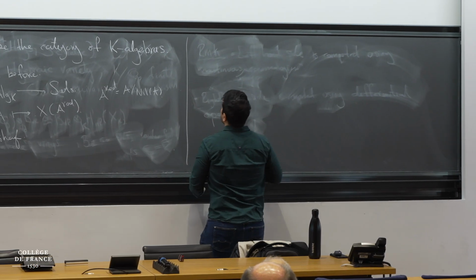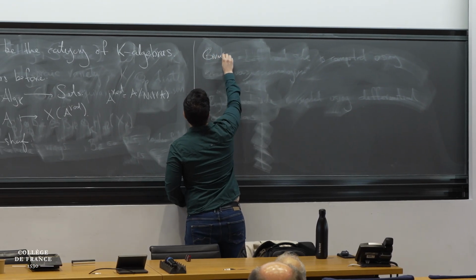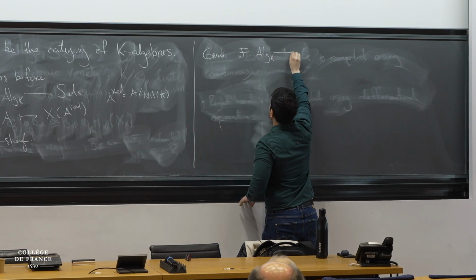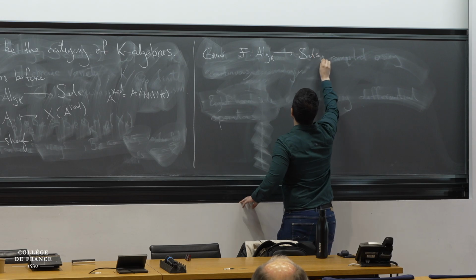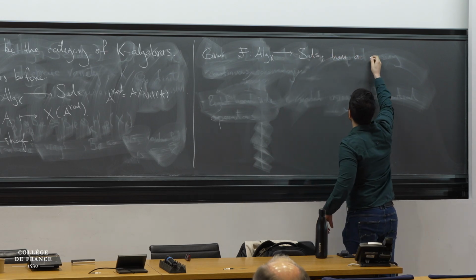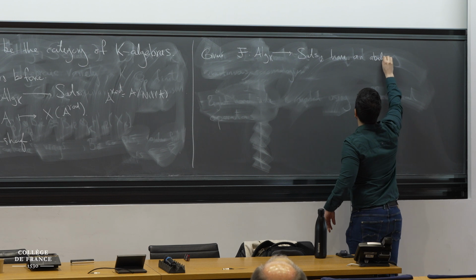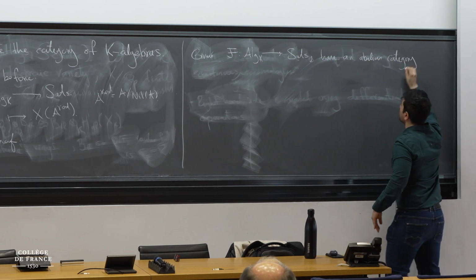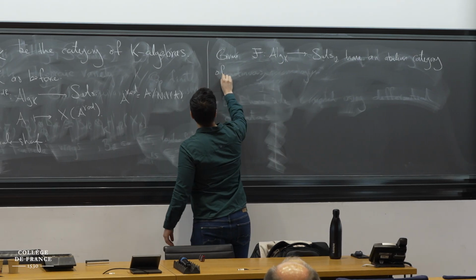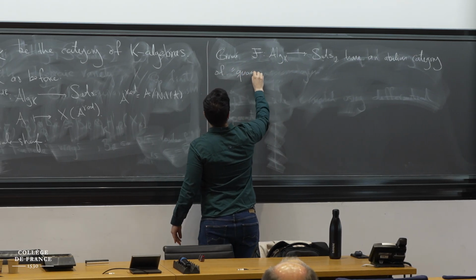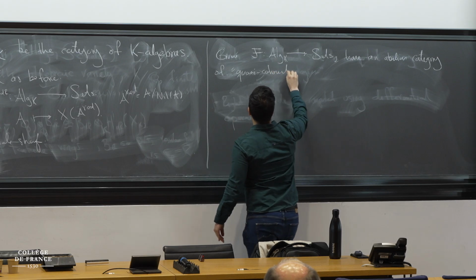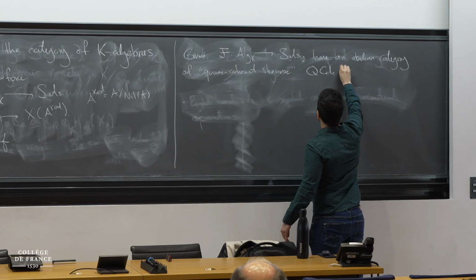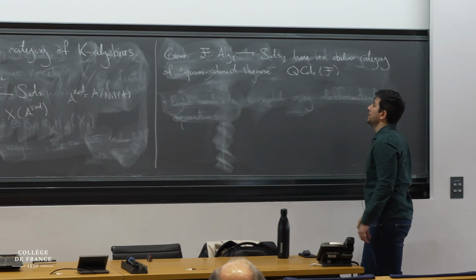So given F from these to, let's say, sets, you have a category, let's say an abelian category, of quasi-coherent sheaves.